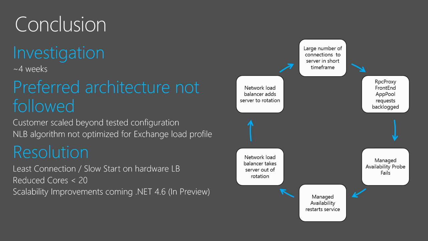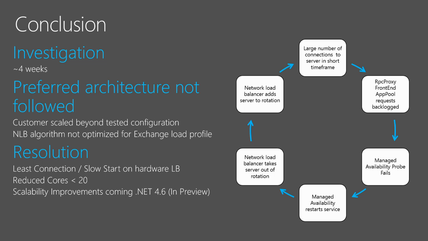So what would happen here is when this large number of connections arrived at the server, that front-end app pool was becoming overloaded with all these new connections. It was taking a long time. It was getting bottlenecked because of the buffer size that we were allocating based upon the cores that were exposed. Managed availability probes kicked in and said, you know what, you're not responding. I'm going to take you out. I'm going to restart you.